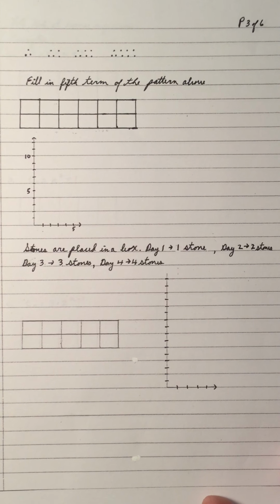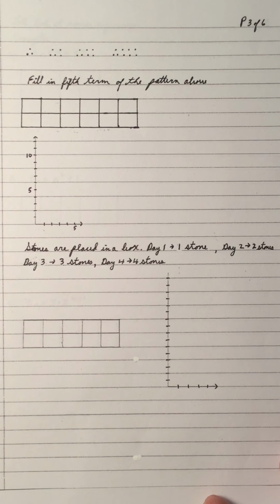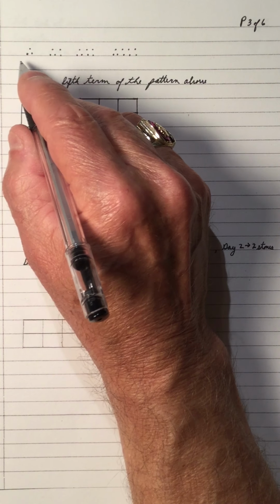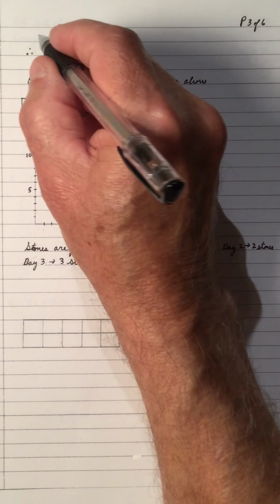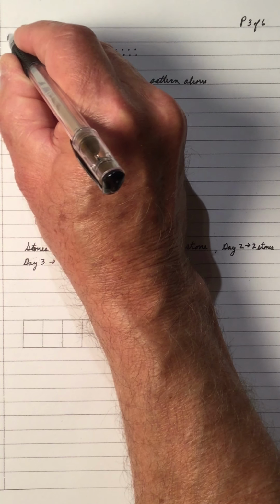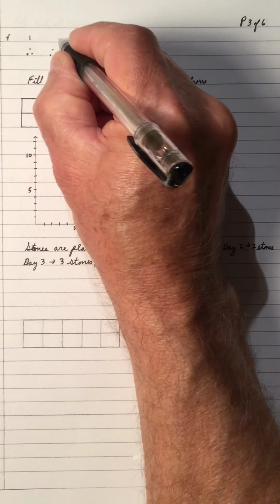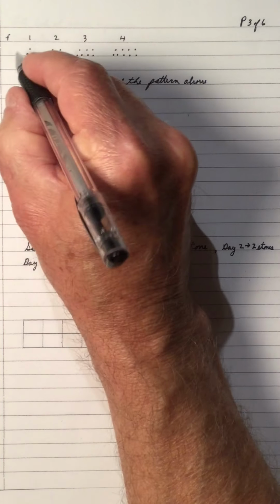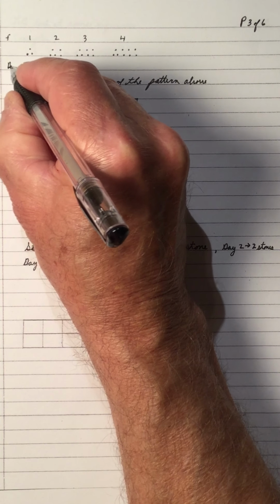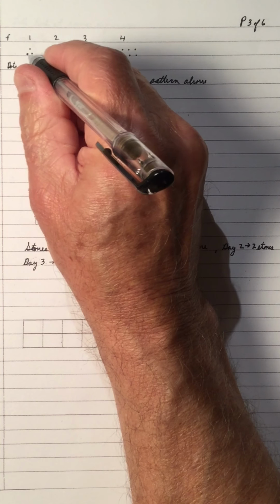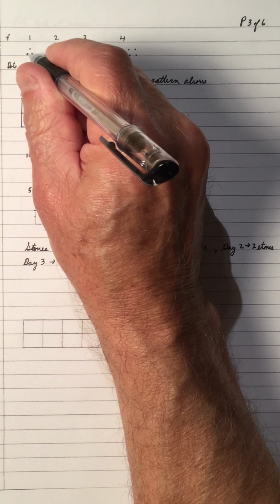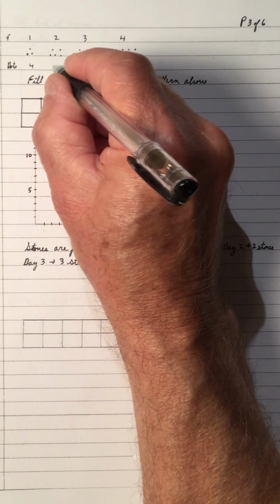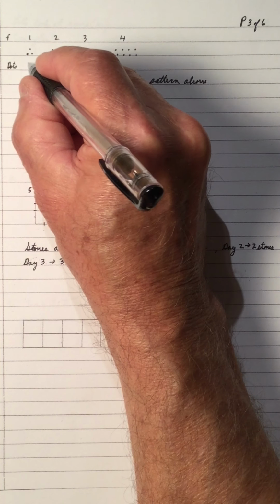Also, another way we can display the information is with some sort of diagram with a pattern, starting with the first one. So this is figure 1, this is figure 2, this is figure 3, this is figure 4. And if these are the dots, then the number of dots here is 3. And it's 3 plus 2, so 5 dots now.